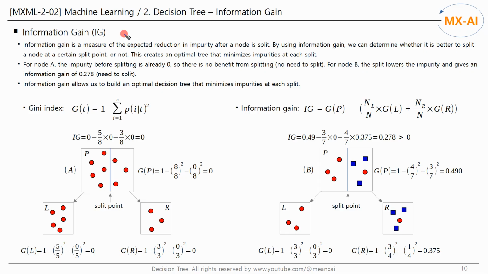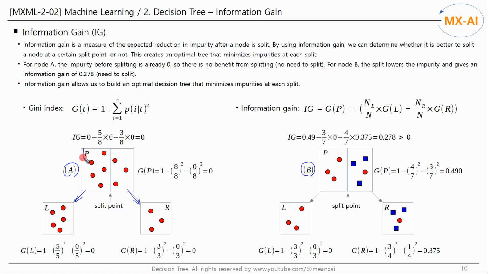Next, let's look at the information gain. Information gain is a measure of the expected reduction in impurity after a node is split. Let's consider the two nodes A and B below. Let's split each node into a left child node and a right child node as follows.